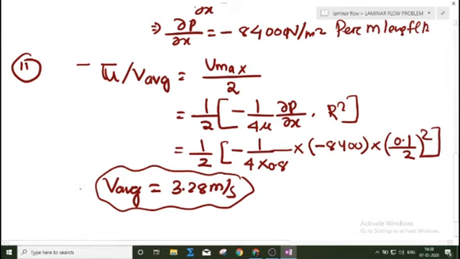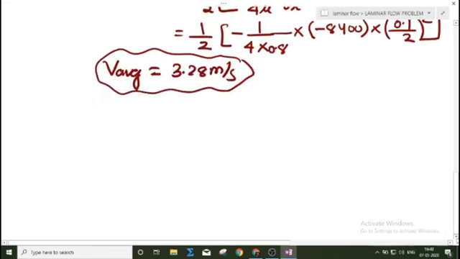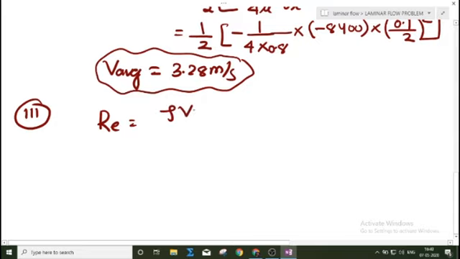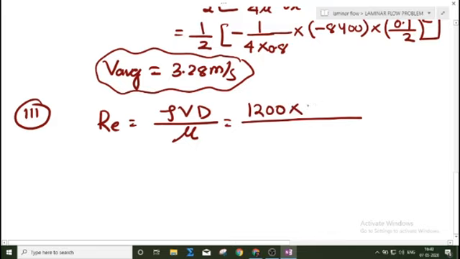Now we have to find the Reynolds number. The Reynolds number formula is rho V D by mu. The density is 1,200, the velocity is the average velocity, 3.28, the diameter is 0.1, and mu is 0.8.